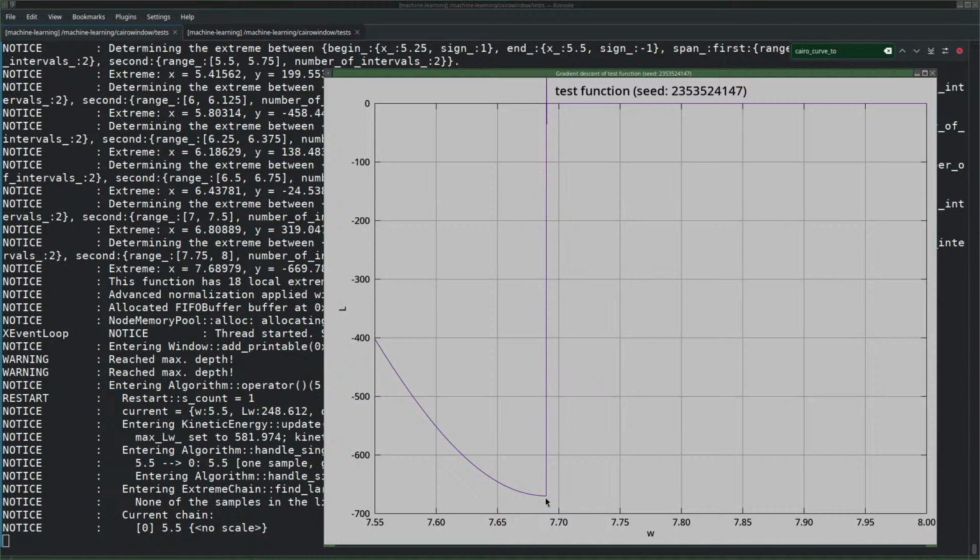Something is really wrong here. What? So what goes wrong then? What is going wrong here?